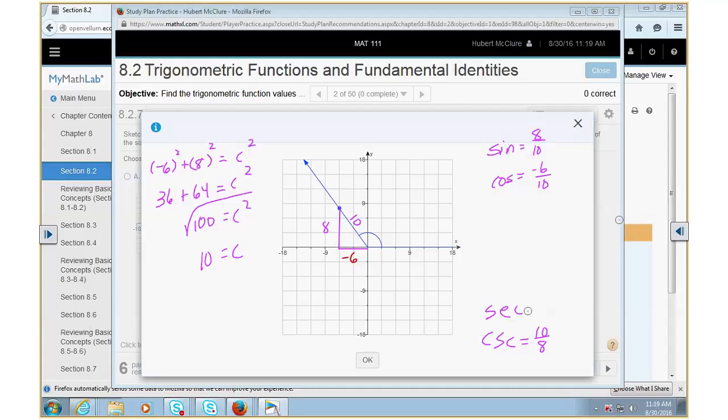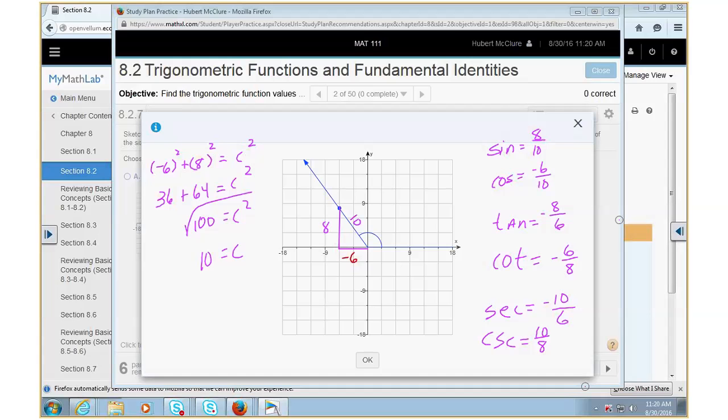Secant is equal to -10 over 6. Tangent is equal to 8 over -6. And cotangent is equal to -6 over 8.